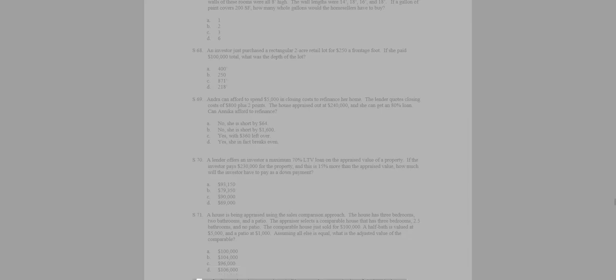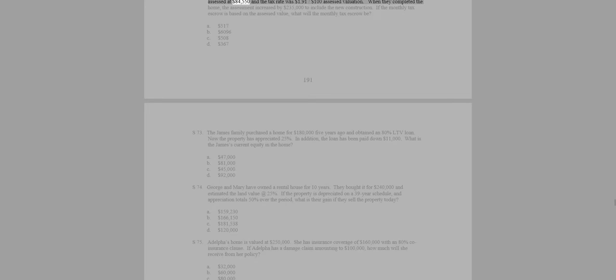S72. A family purchased a $90,000 lot to build a custom home. At the date of closing, the lot was assessed at $84,550 and the tax rate was $1.91 per $100 assessed valuation.